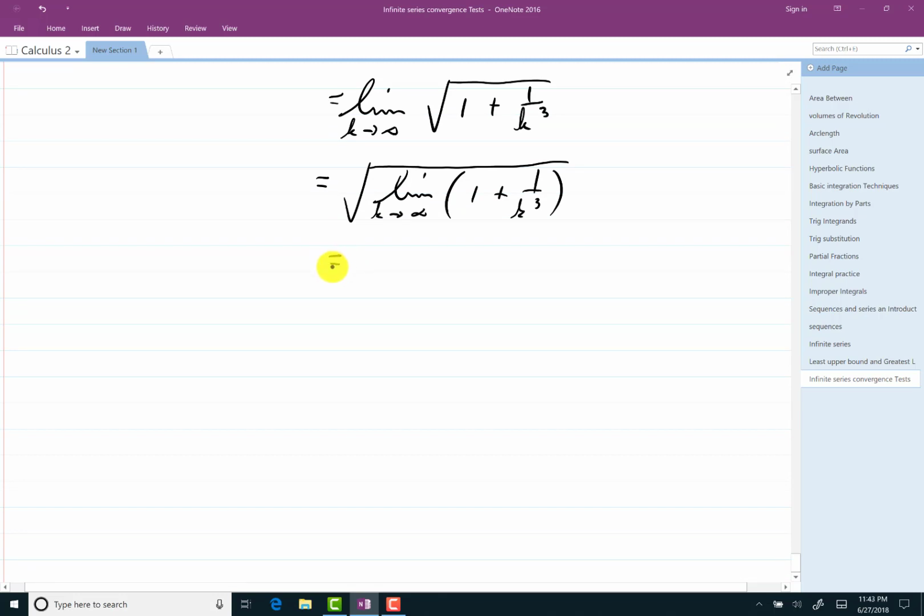And that equals the square root of 1 plus 0, which equals just 1.